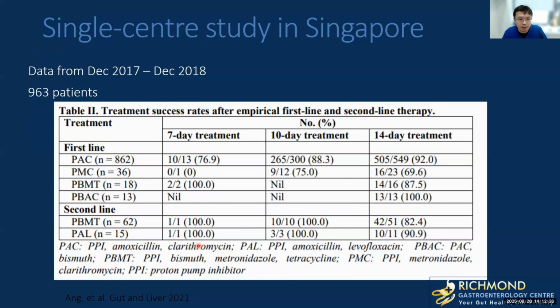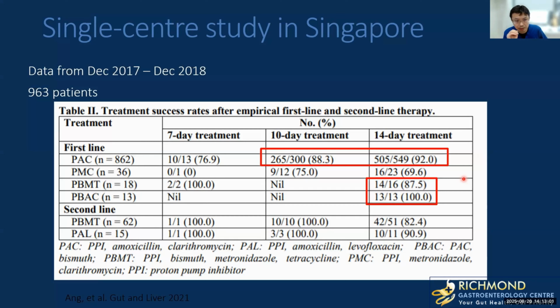This is a study again from Singapore. As you can see, 10 days of triple therapy versus 14 days. 14 days just gives you that extra 4 or 5% of eradication rate. And sometimes that makes a difference, because once you eradicate it the first time, you don't need to scratch your head and give yourself a headache as to what antibiotics you need to choose for the second-line therapy.